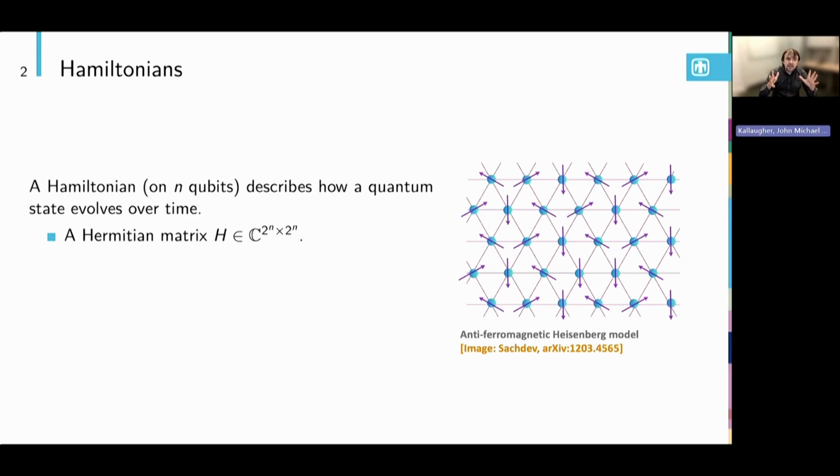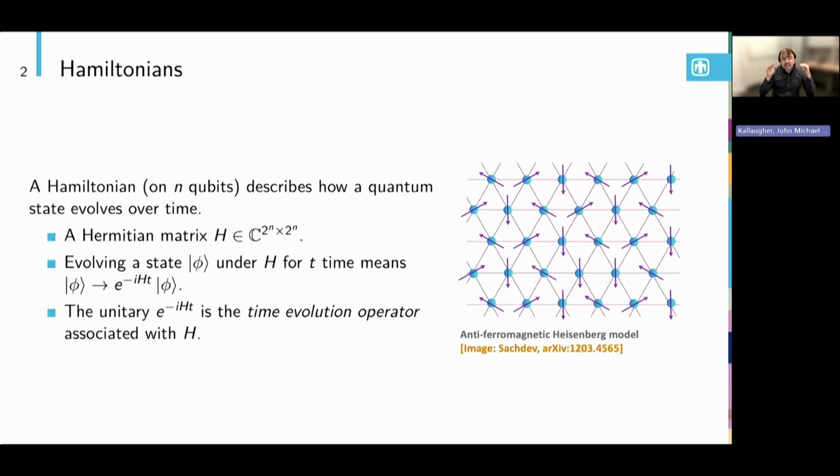In particular, our Hamiltonians are going to be 2^n by 2^n dimensional Hermitian matrices, and evolving a state phi under one of these Hamiltonians for t time is going to mean sending phi to e^(-iHt) times phi. And this unitary e^(-iHt) is what we're going to refer to as the time evolution operator associated with the Hamiltonian H.